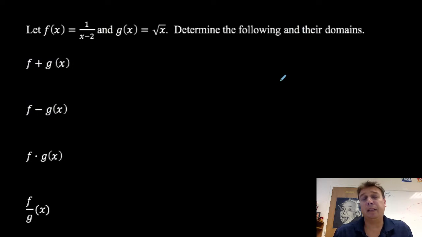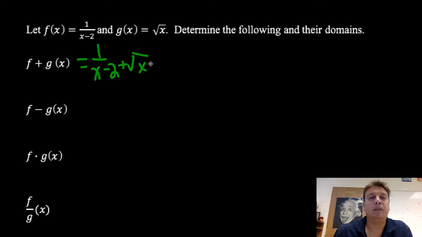So for this particular example, all we're going to do is take the parts and add them together for the first one here. So when adding this, I have 1 divided by x minus 2 plus the square root of x. This is not something we really want to focus our attention on, making sure we have common denominators and then combining the fractions.